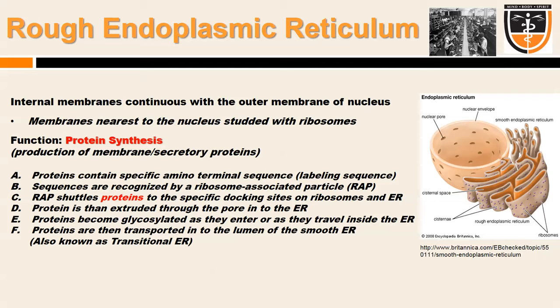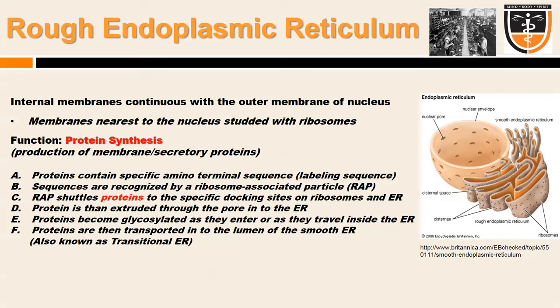These proteins will be inside the rough endoplasmic reticulum after they've been produced, and they will become glycosylated. A carbohydrate will be added, and they will travel inside the endoplasmic reticulum all the way to the area known as smooth endoplasmic reticulum, where they're going to be utilized.